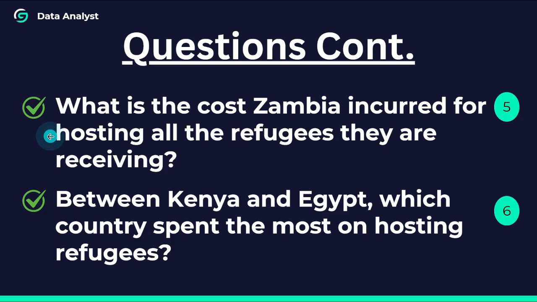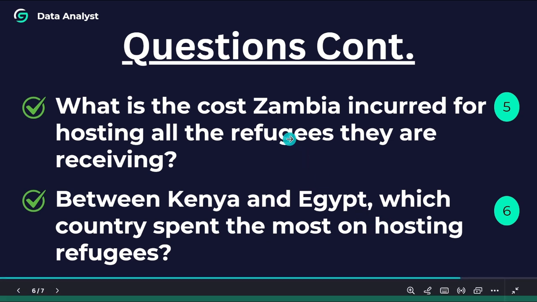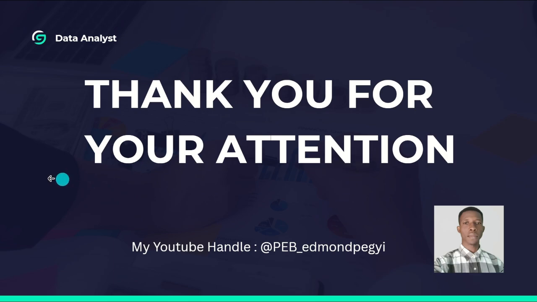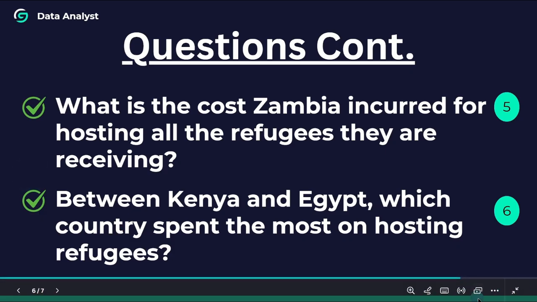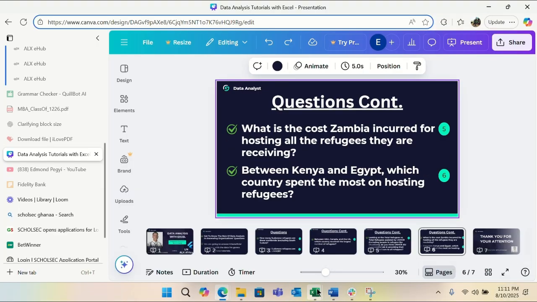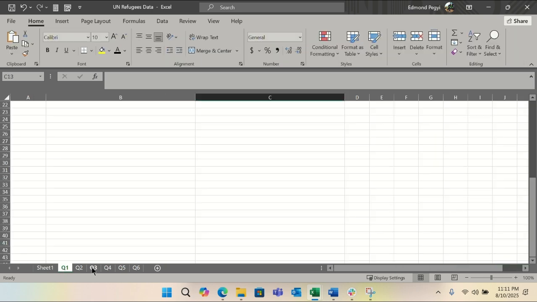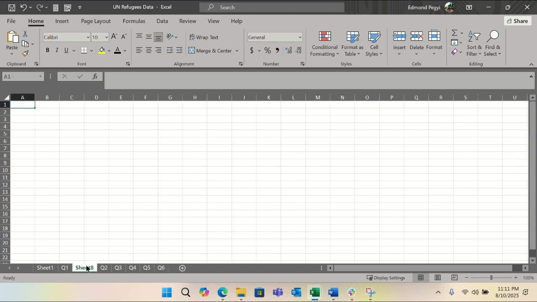So I'll go back to the data set and then we'll see how to start tackling our questions. You can see that this has been created. You can also easily create them. You can use this to create them. Assuming I was having question number 7, I'll just do that.